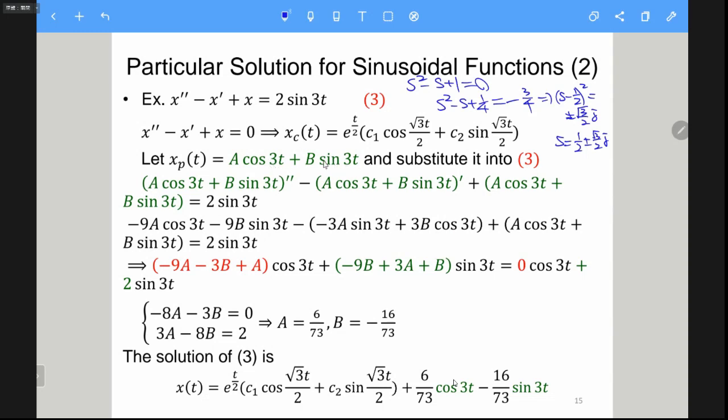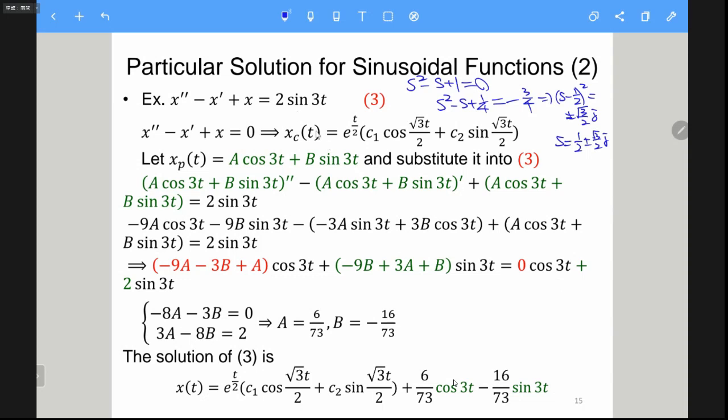So we plug this into the equation. We get this one double prime minus this one prime plus this one equals the right side. We collect all the terms together, cosine of 3t and sine of 3t.